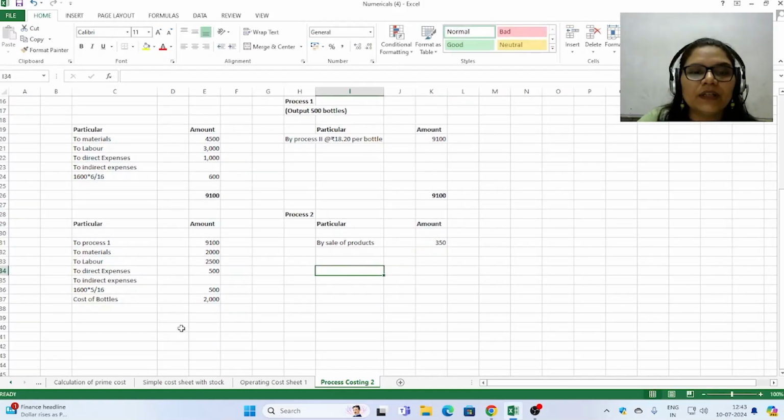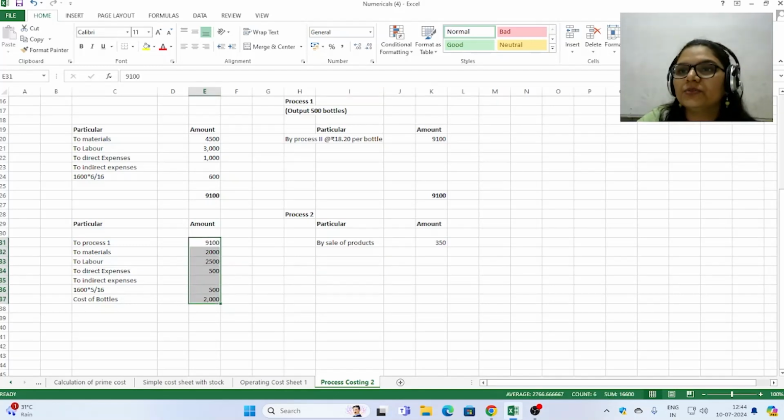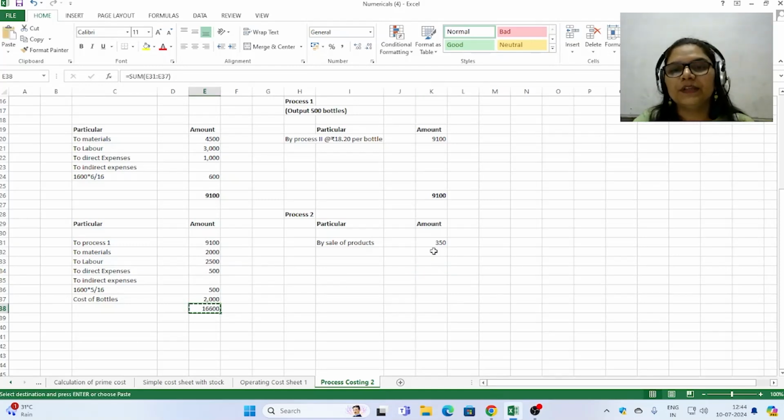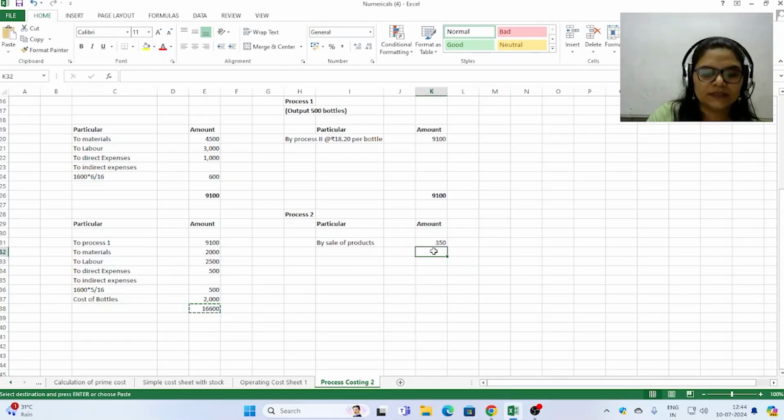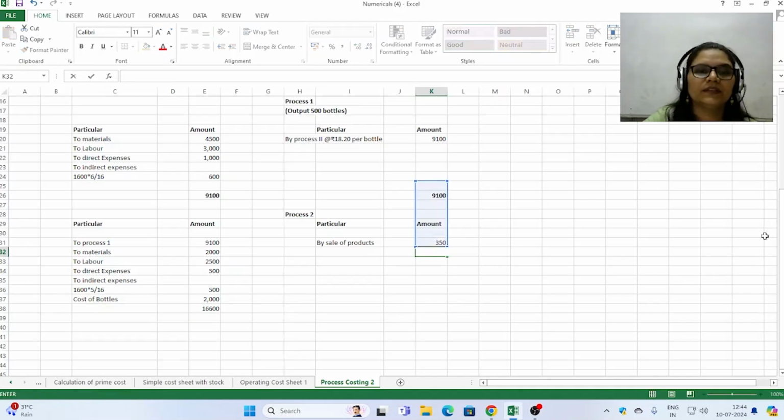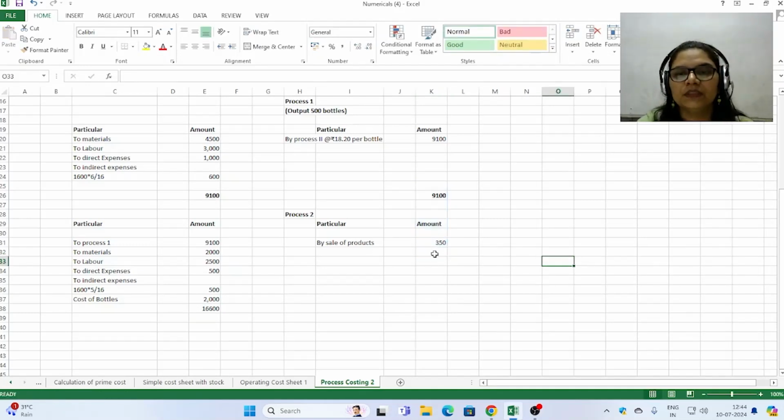Now this particular expenses total, if we do it, all these expenses will come out to be 16,600. Now this 16,600 will be transferred in process. Sorry, there is a certain calculation mistake, no problem.